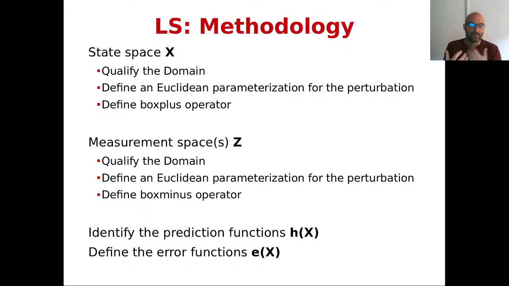And in this way I boil down the entire least squares system to these eight steps. Once I have defined my domain, the straightforward thing is to define the prediction functions: assuming I know all the states, how do I calculate the measurement I should expect given the current state configuration? Then define the error functions, if needed, by incorporating the box minus into the H. Okay?